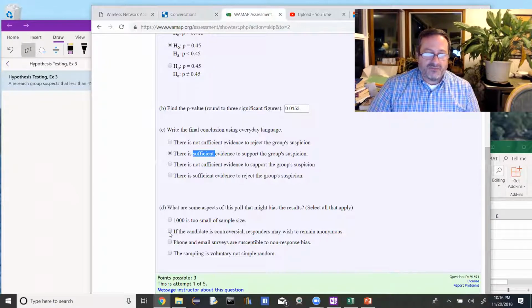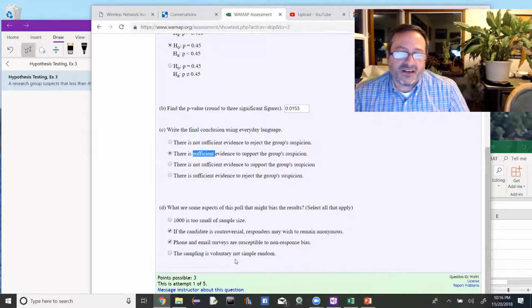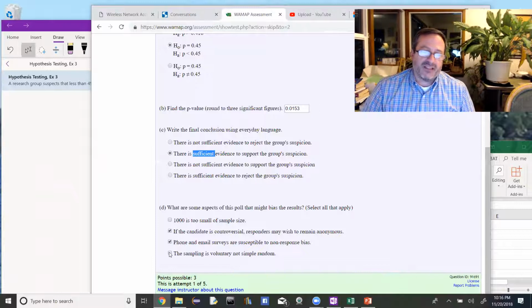That is true. Phone and email surveys are susceptible to non-response bias. I'm busy, I hang up the phone. That is also true. The sampling is voluntary and not simple random. That is also true. So those 3 things actually would cause this poll to be biased.